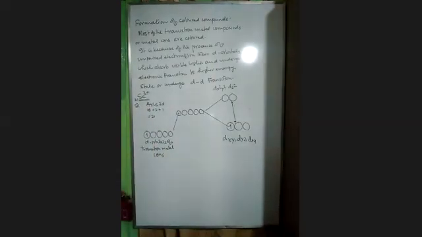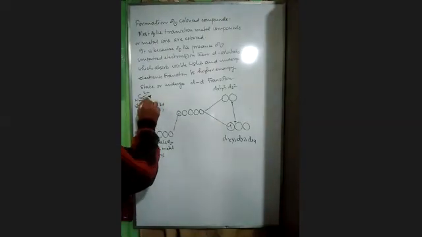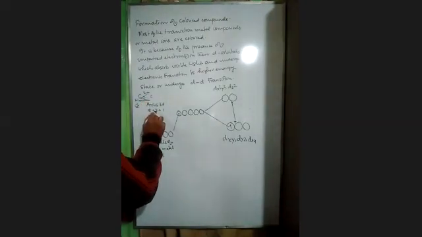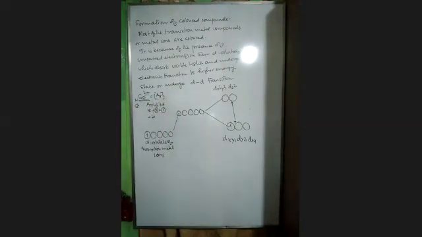All right. Now in scandium 3 plus, this electron goes out, this also goes out. So what is the electronic configuration? Only Ar. So scandium 3 plus has no electron in the 3d orbital.